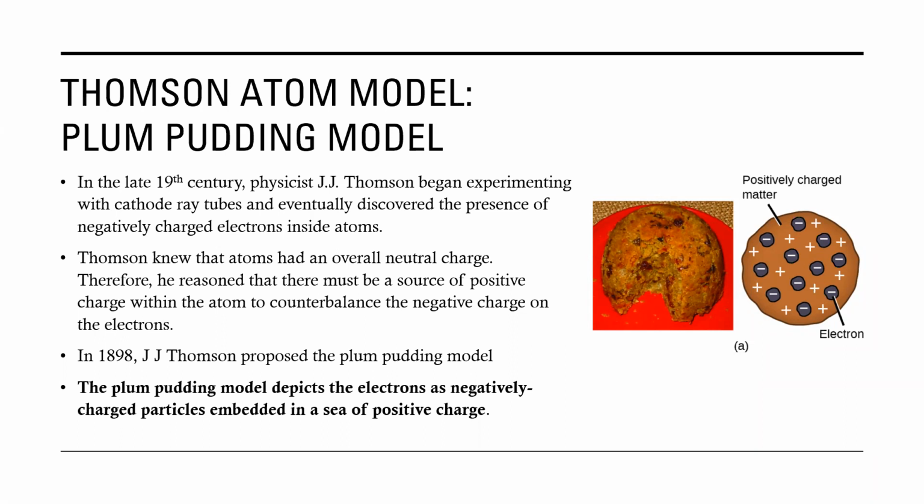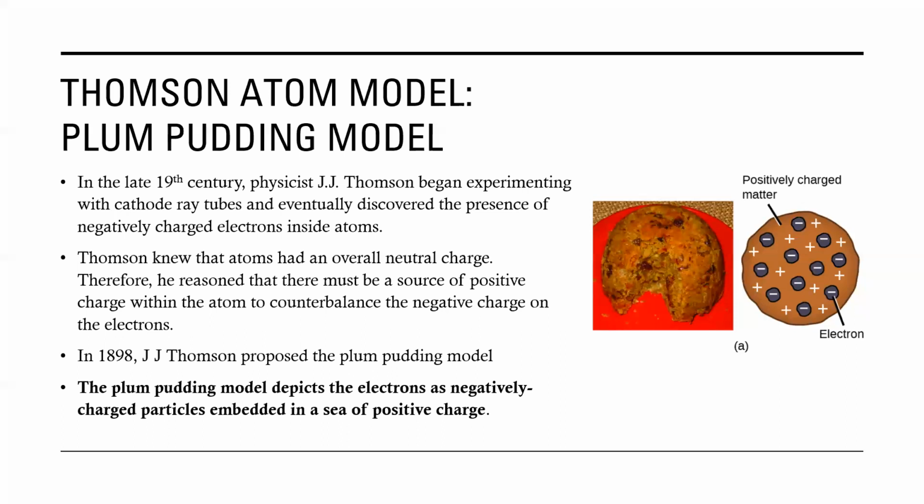So those black seeds can be compared to the electrons which are embedded inside it. Just like black seeds sit inside the red flesh of watermelon, negatively charged electrons are embedded inside the positively charged cloud or positively charged sea. Is this clear to you? What is Thomson's model of an atom, which is called the plum pudding model?